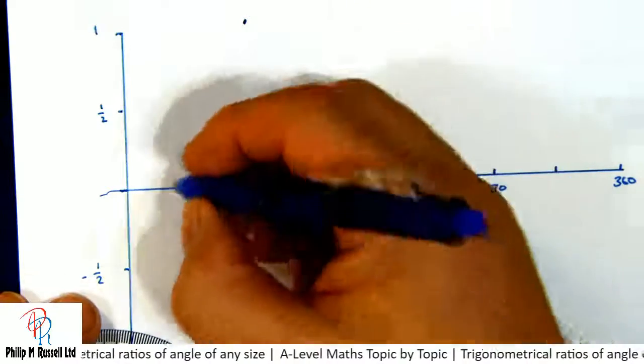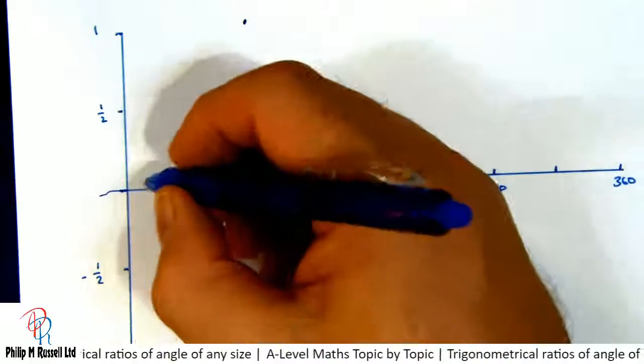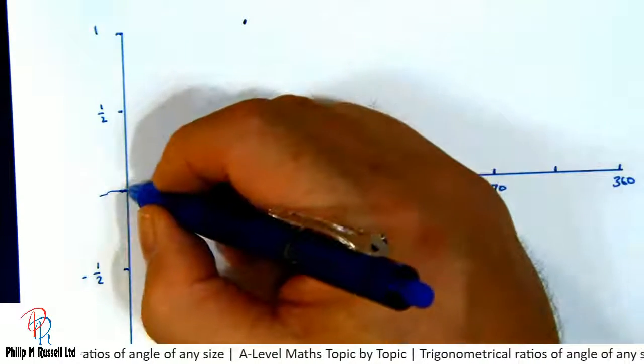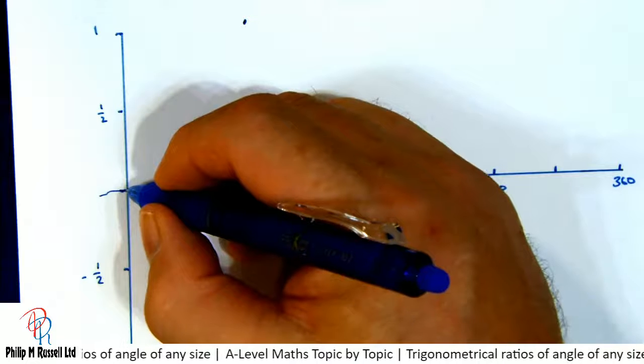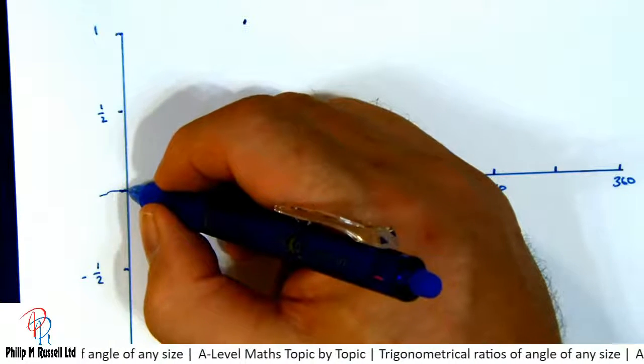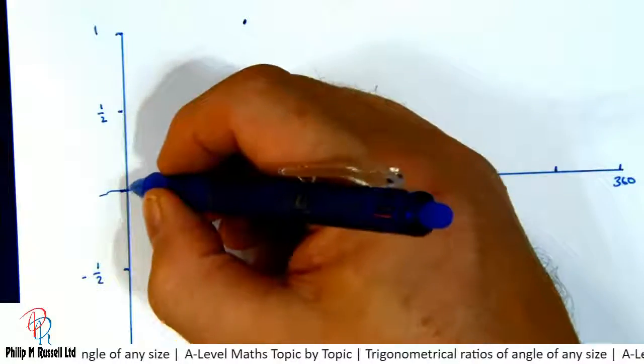So the tan graph is going to give me something that is going to look basically like this.